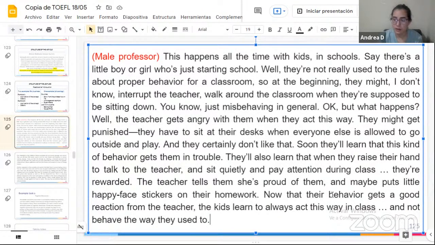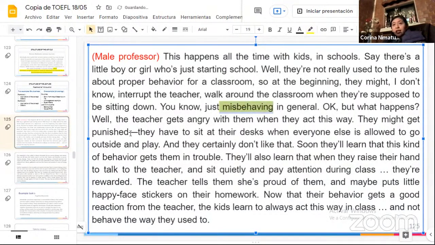Are there any? So what are they? When the kid behaves bad, they get punished, and when the kid behaves good, he gets a reward.